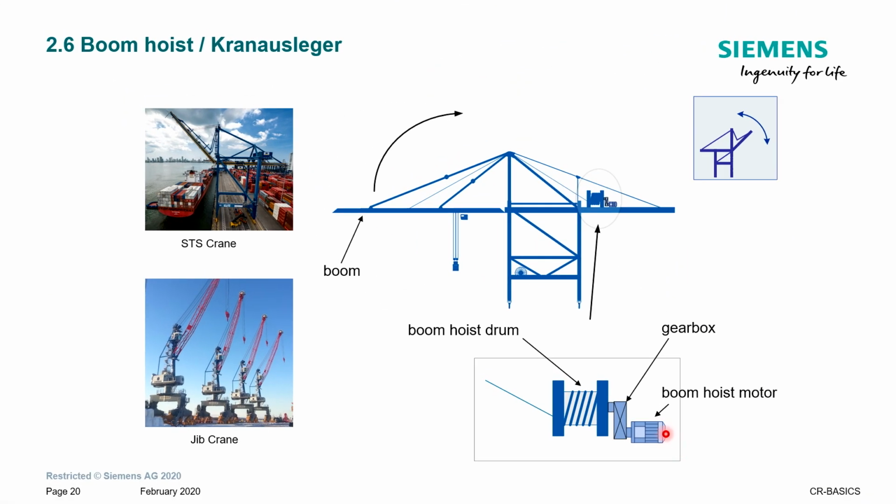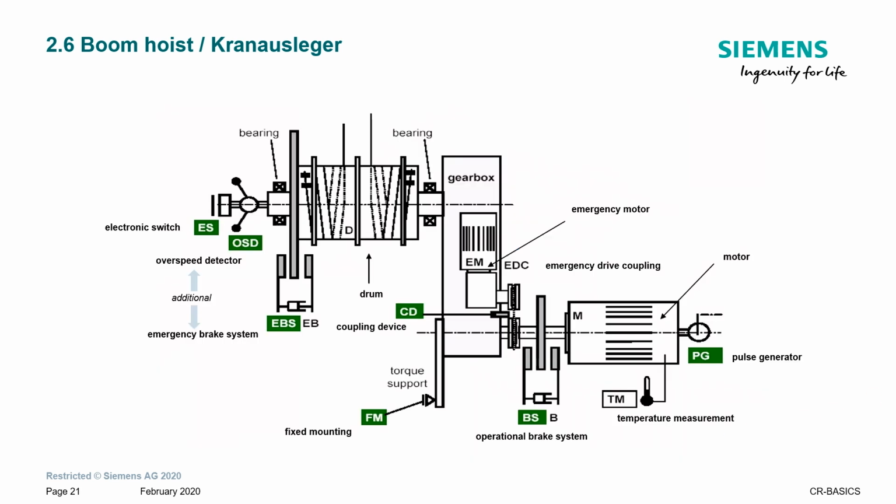Again, a boom hoist motor with a gearbox and a drum. What is now new or a bit special for the boom hoist? We see again, we have here a motor with the operational brake system, with our gearbox, emergency motor connected to that. And now we have here as additional an overspeed detector with an emergency brake system.